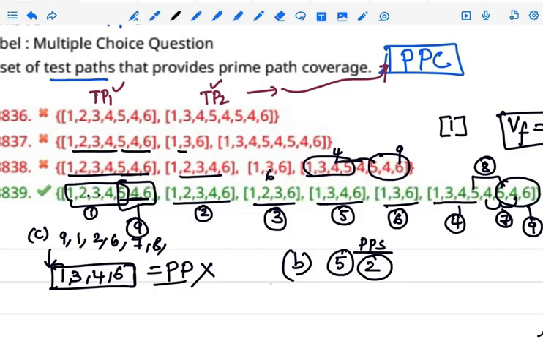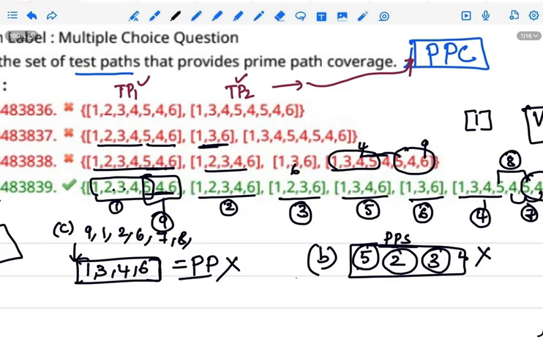In option B, 1 3 6 is covered. 3 is 1 2 3 6. Prime path 3 is also not covered. 5 is 1 3 4 6. 6 is covered. 4, 7, 8, 9 are covered. So these three prime paths are not covered by option B.